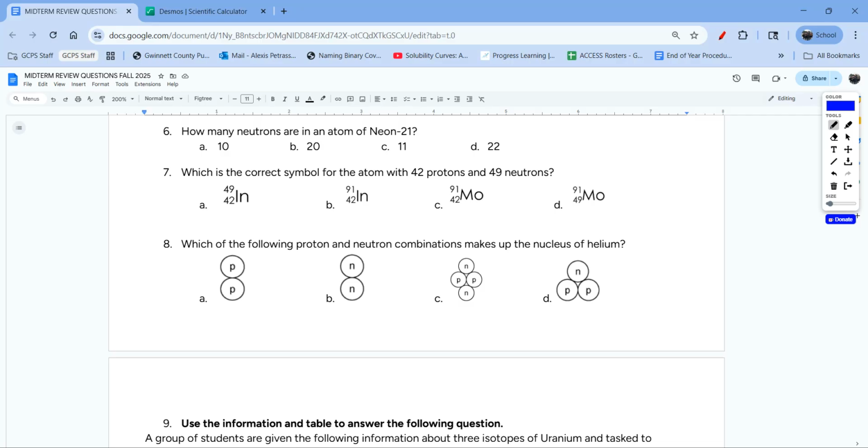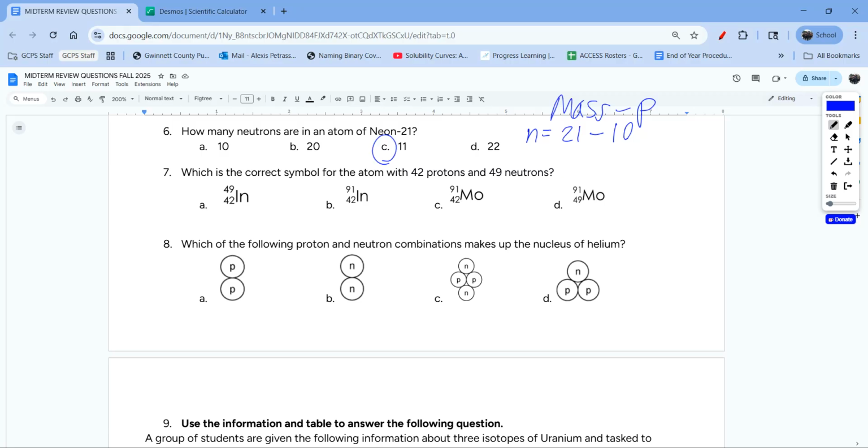So neon 21, what is 21? 21 is the mass. And it wants the number of neutrons. Neutrons is mass minus proton. You need to find neon. Neon is number 10, so 21 minus 10 is 11. Just keep writing it over and over again. Mass minus proton.